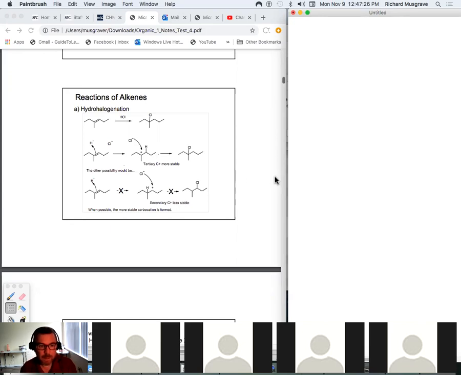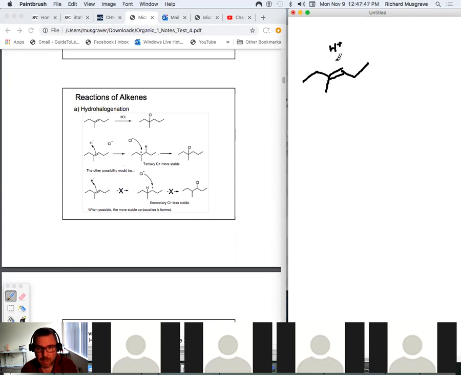So if we've got an alkene and we're adding HCl to it, you'll notice that this alkene is more substituted on one side than it is the other. That's really the key to what I'm talking about here.